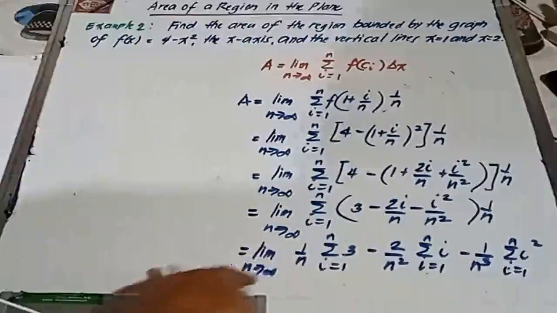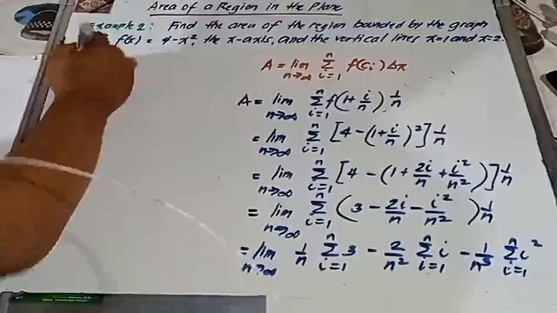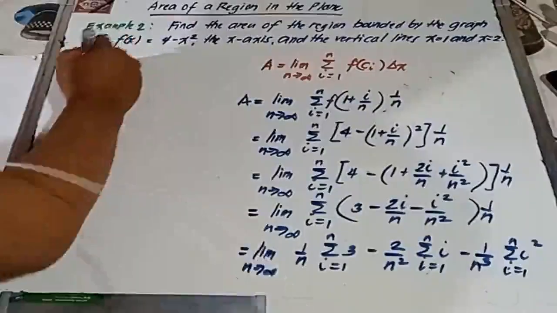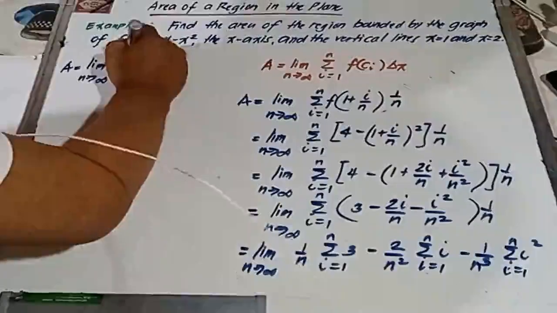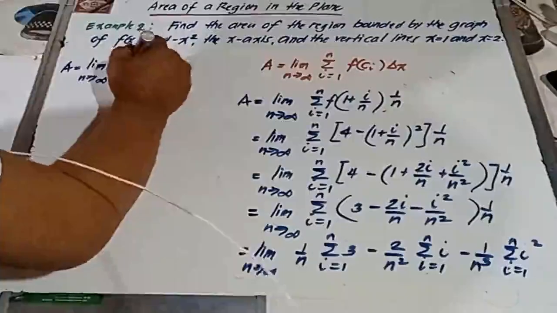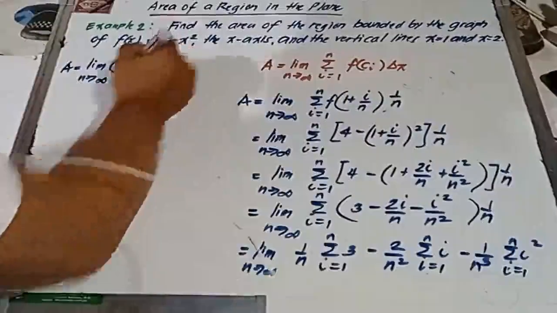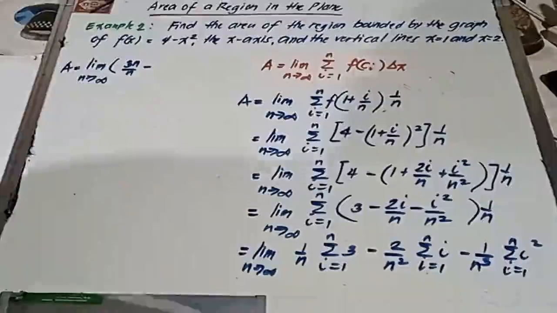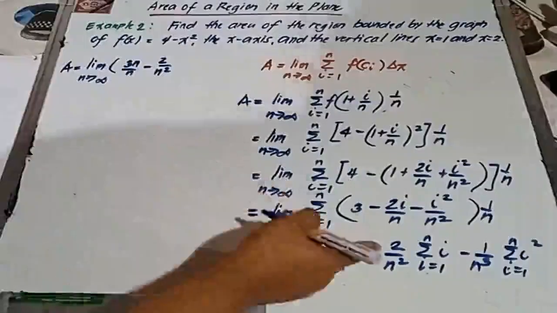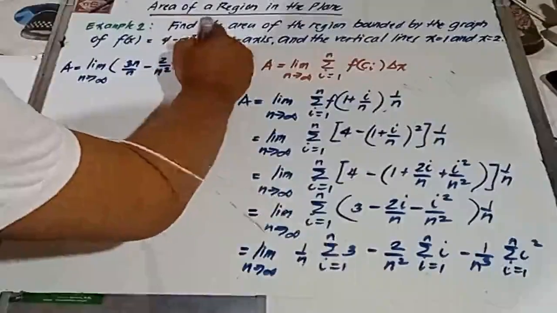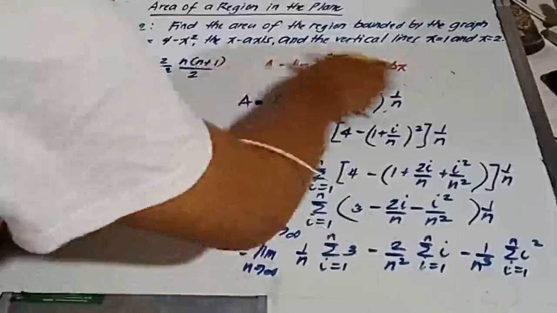So, alam na natin to. Ito, mamumultiply lang. So, we have area equals limit n approaches infinity. That is equals to 3n over n. And then this one is minus 2 over n squared, this is n times n plus 1 over 2.